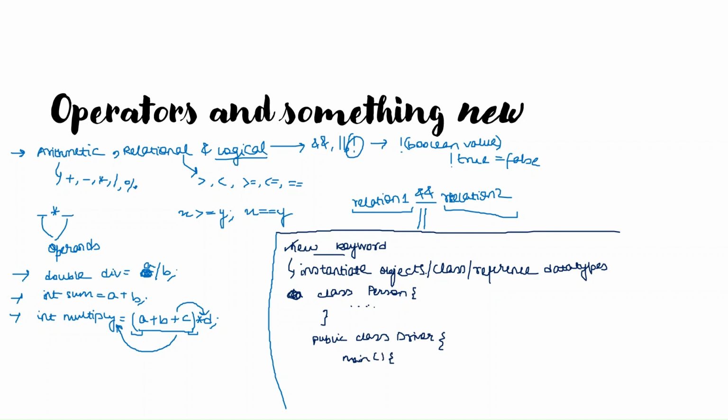In the main method, I want to instantiate and create an object for this person class. So I'll simply write person p = new person, and this is the syntax for creation of objects with the help of the new keyword.